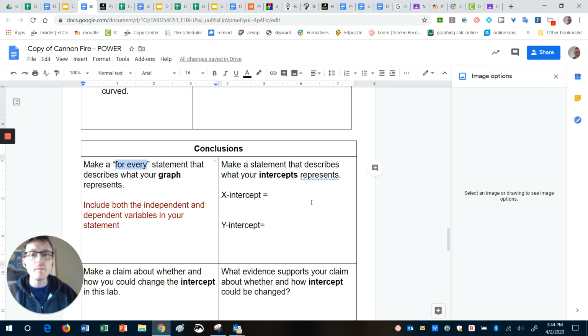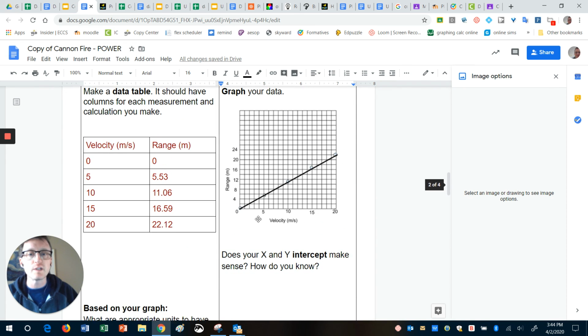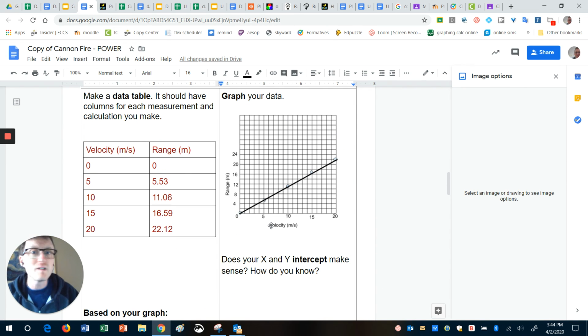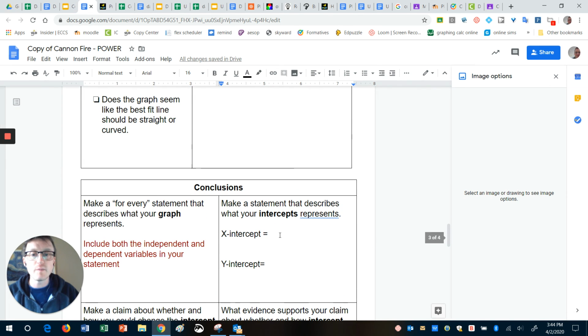Then make a statement that describes what your intercepts represent. To figure out the x-intercept, you need to know what the units are, and that's why it's really important to have your graphs properly labeled. On your graph, x is your velocity. So what does the x-intercept mean?